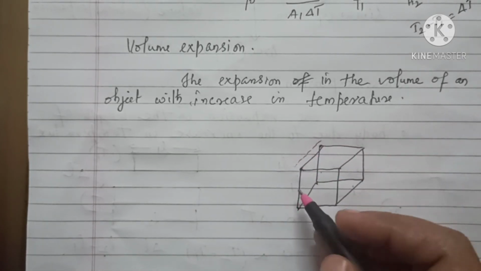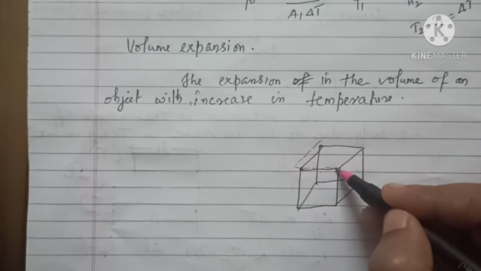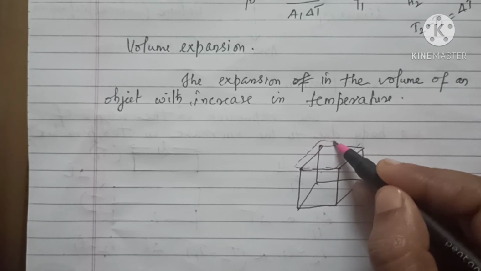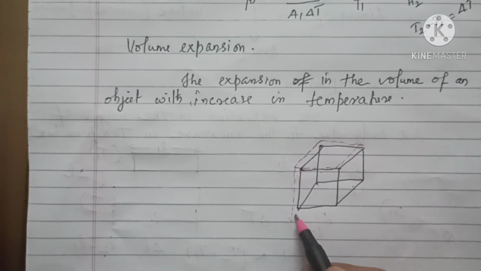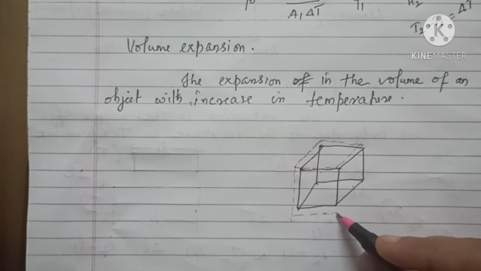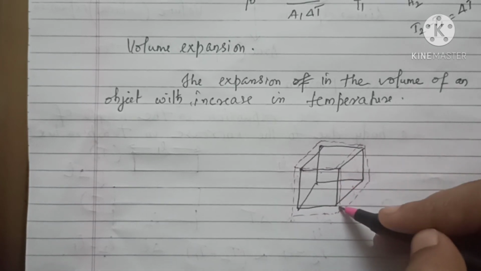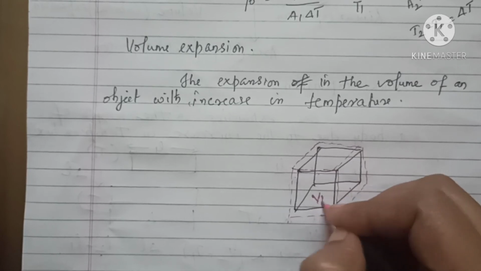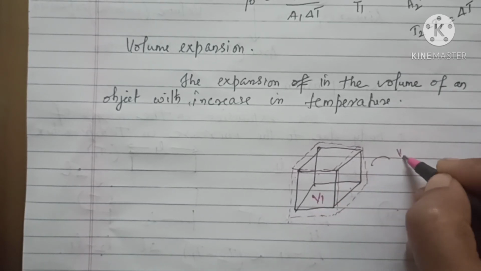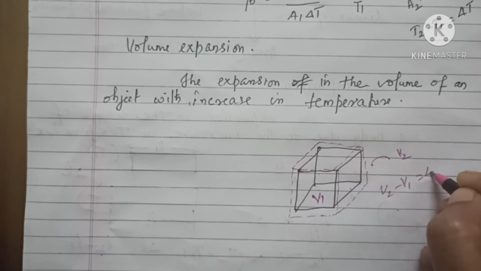So let its volume be like this, like this it increased. Clear for you? Okay, so like this its volume increased. So initially its volume was V1 and finally it changed to V2. So the change in volume is V2 minus V1, which is delta V.